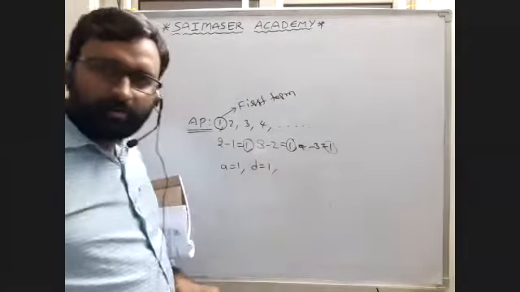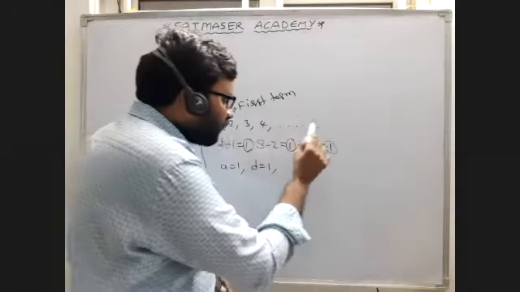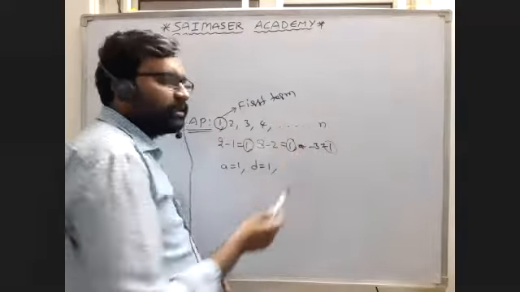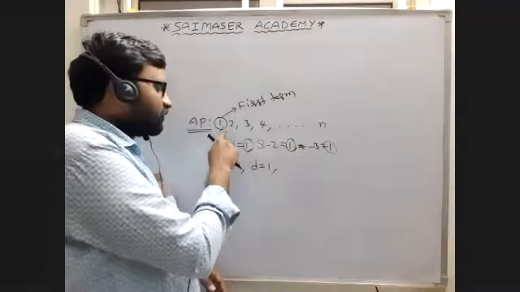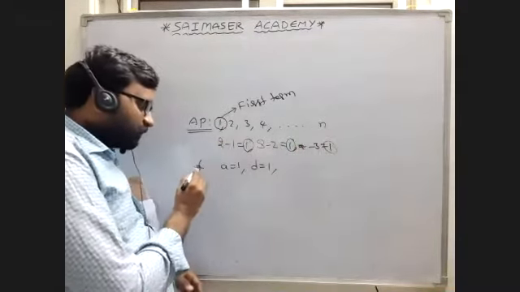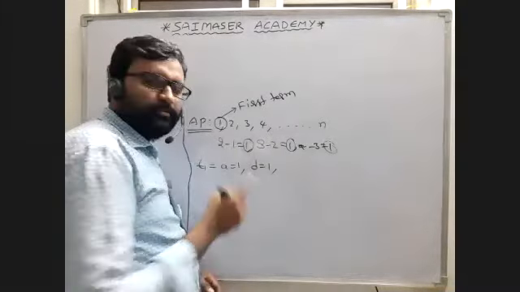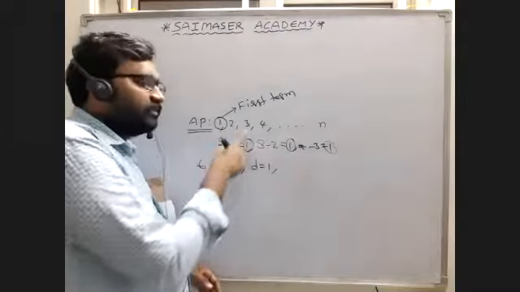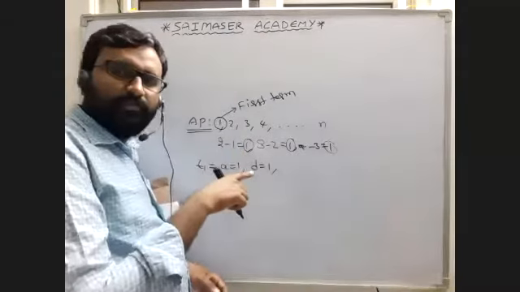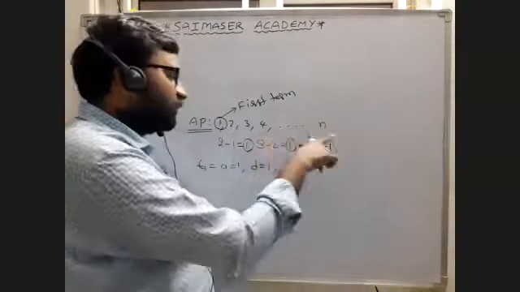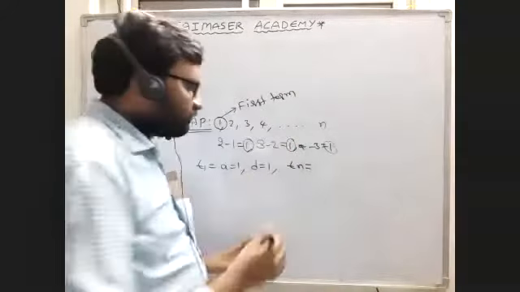And one more, the last term, this is n. This n is called the nth term. The first term we denote with T1, that is a. Then second term T2, third term T3, fourth term T4, like that. The last term will be Tn. Here for this AP, the last term is n.